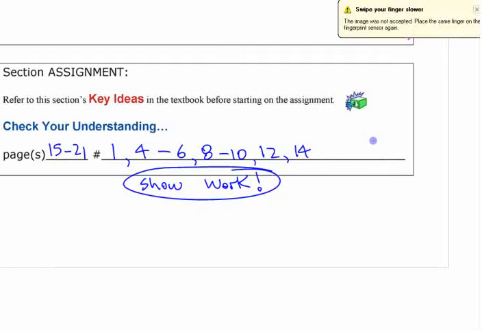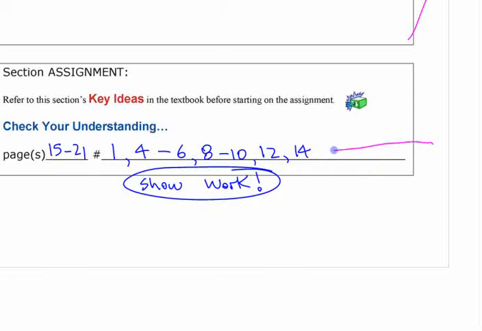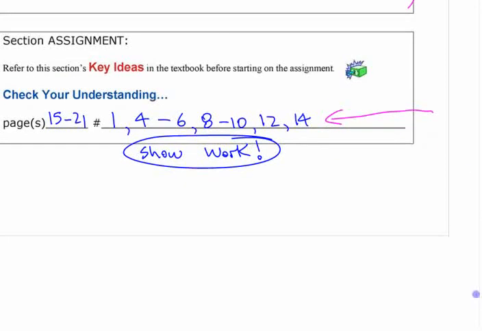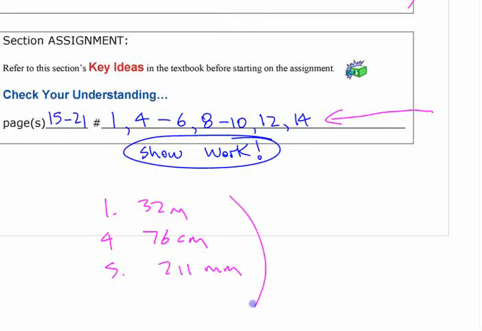One thing to realize is all the answers for all the questions in that book are in the back. If I ask you to hand in your work at some point, I really don't want your work to look like this. This is not grade 8 anymore, right? This is grade 10. We know how it works. If you just say 32 meters, number 4 is 76 centimeters, number 5 is 211 millimeters, this is nothing, right?